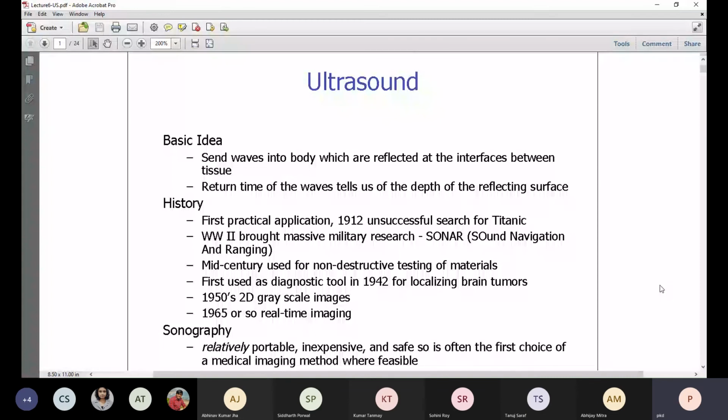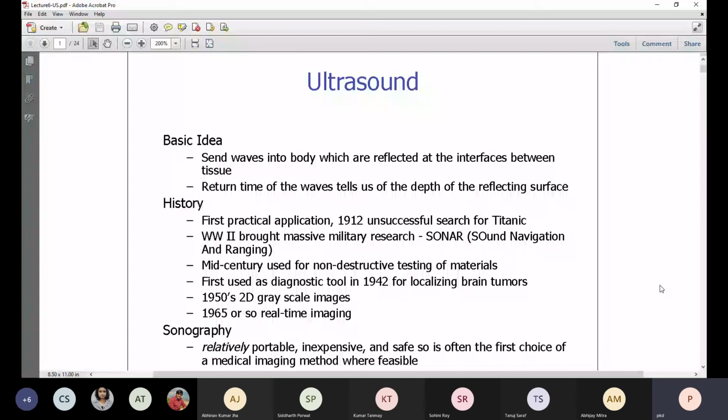So basically, ultrasound medical imaging, as it is told here, started around the 1940s, 1942, localizing brain tumor also. Before that, of course, ultrasound used to be used for monitoring stones, kidney stones, etc., but not as an image.